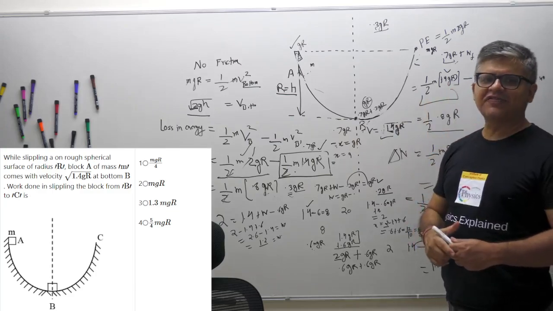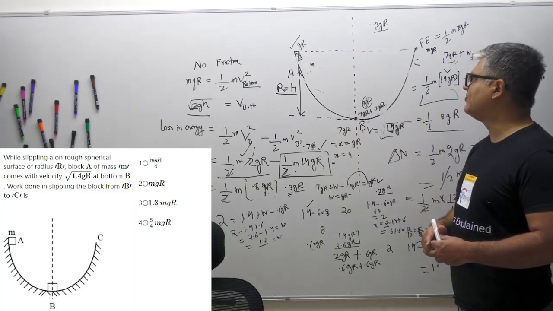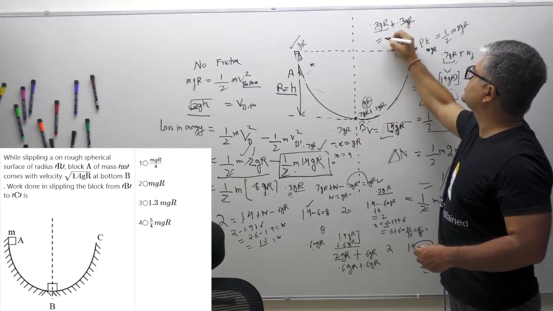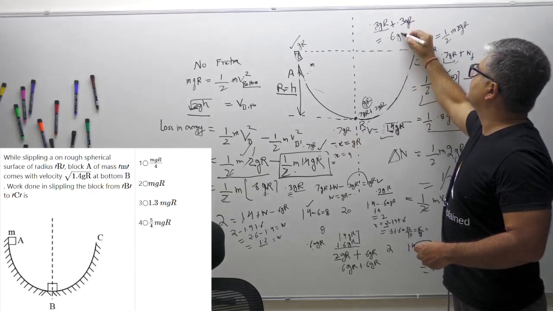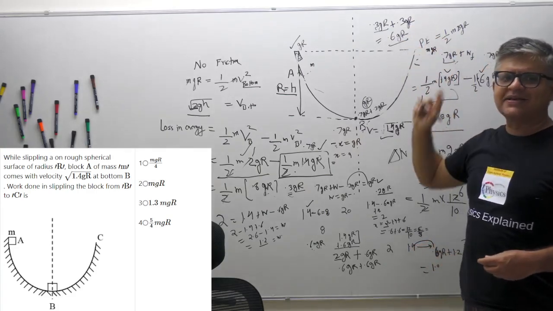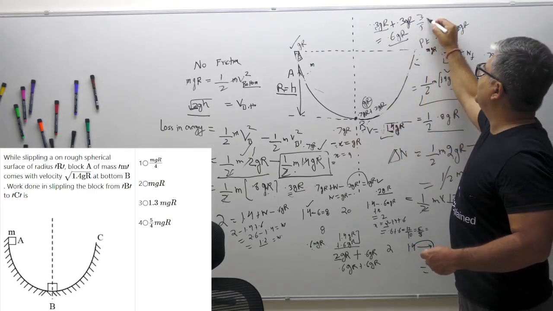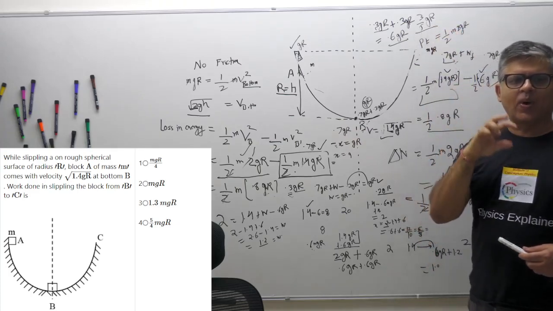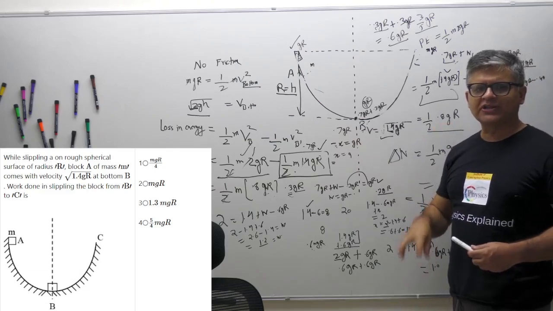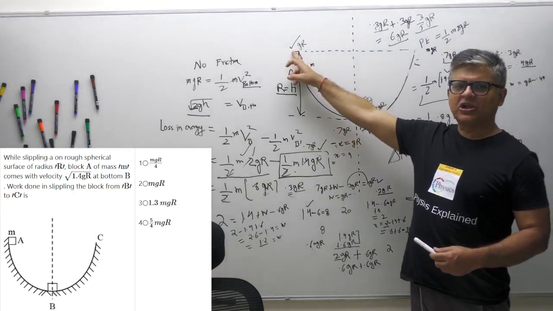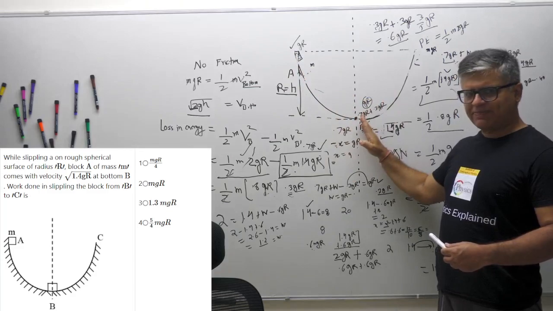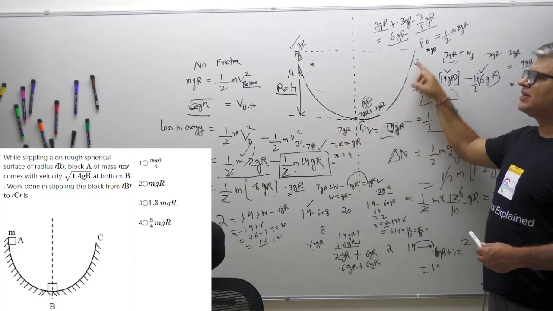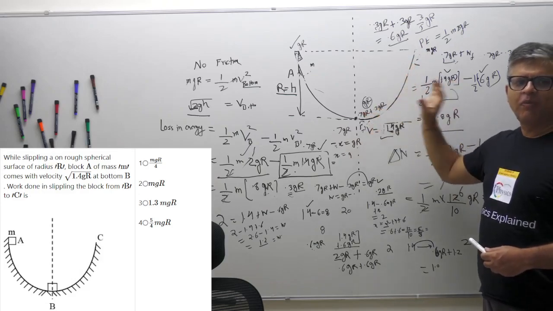The total energy, therefore, provided to you by the work is 0.3 gr and another 0.3 gr, which is 0.6 gr. So to me, the answer is 3 by 5 gr is the amount of work which needs to be provided to this body to ensure that first, the compensation for loss here happens, it gets back its initial energy, and then it is also compensated for the future loss of 0.3 gr.